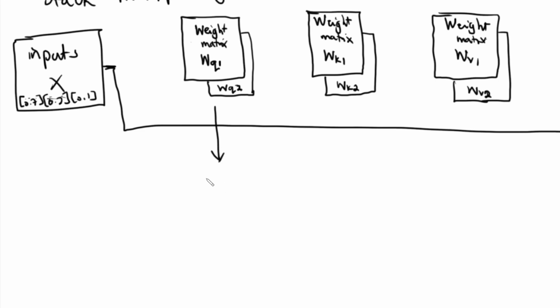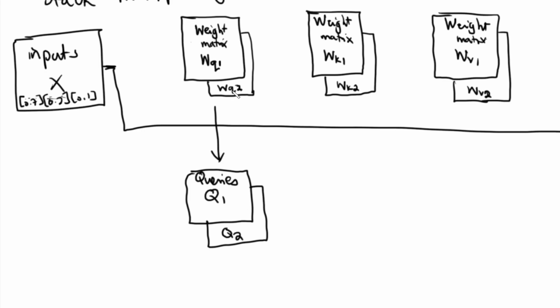And what that results in are the queries, right? When we apply WQ to the inputs, we always get the queries matrix. So here we're going to have Q1, queries matrix 1, and we are also going to have queries matrix 2 when we apply WQ2 on that input. The same thing happens with the keys.